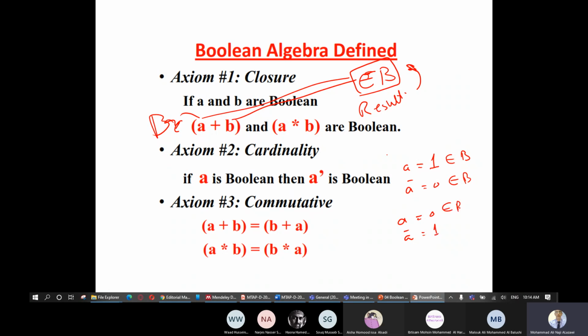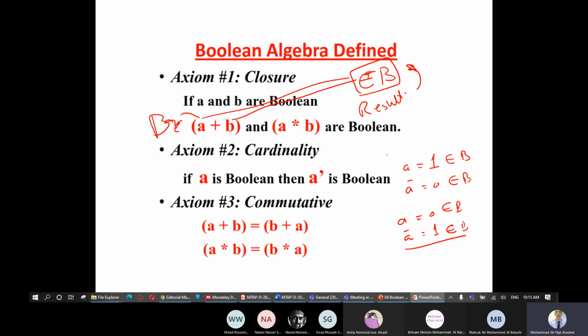This belongs to B, and this belongs to B. So any element in B, the Boolean set, its complement is also a member of this set.